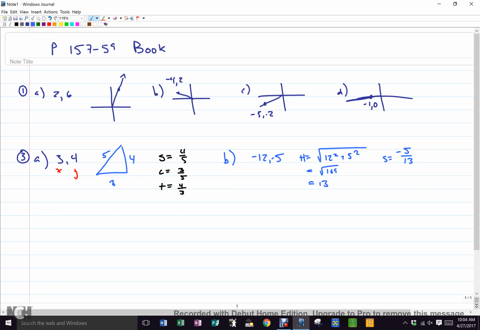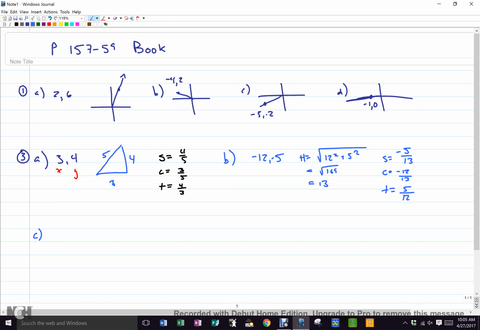Don't forget it's negative because it's y over h. Your cos is negative 12/13. And your tan is 5 over 12, because it's y over x. And they're both negative, so it's positive.